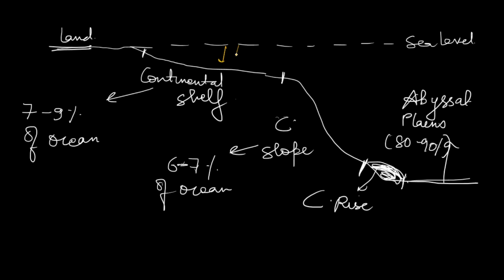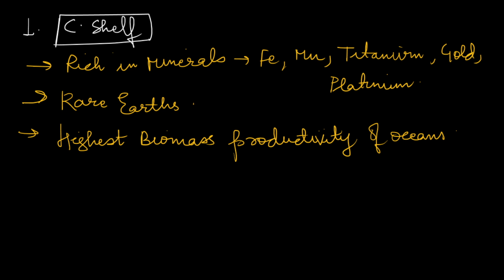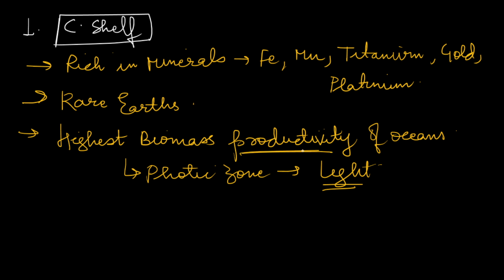The light can penetrate in it. When there is penetration of light, that region is known as the photic zone. So if light can penetrate there, obviously there will be high productivity. This is why there is high biomass productivity in this zone.